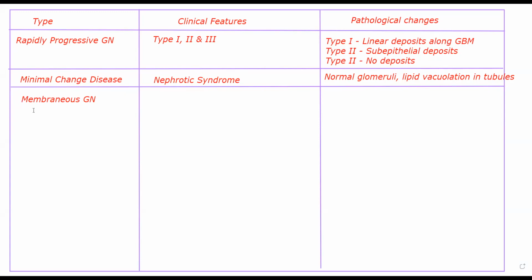Now there is widespread thickening of the glomerular capillary wall in this, and membranous glomerulonephritis is the most common cause of nephrotic syndrome in adults. In most cases of nephrotic syndrome, the patient develops it because of membranous glomerulonephritis. Here also there is nephrotic syndrome.